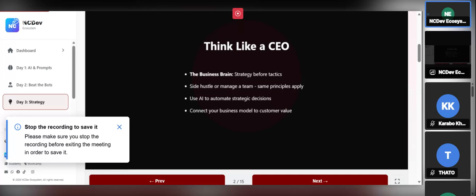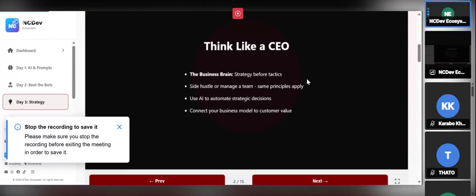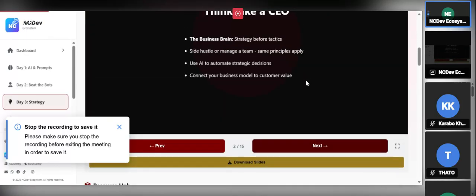They will automate workflows, help you make strategic decisions when needed, and help us connect the business model with the customer value. That is the main thing about thinking like a CEO. So today you want to put yourself in that position.